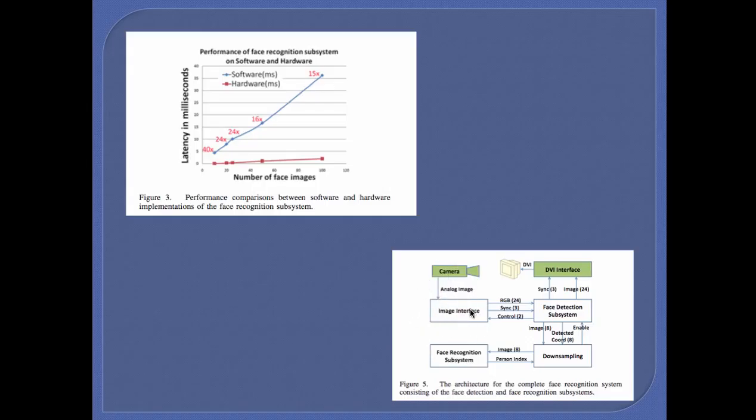It goes to the image interface, the RGB, the sync, and the control, to the face detection subsystem, which then makes the call to the downsampling, which then makes the call to the facial recognition subsystem, and then if a match is found in the person index, it's sent back through the downsampling up to the detection subsystem, and then out to the DVI interface to a screen that says, hey, we have found a match.